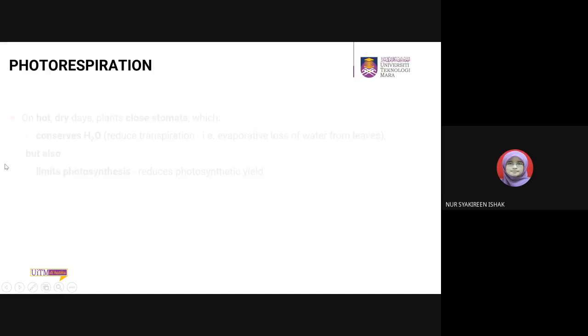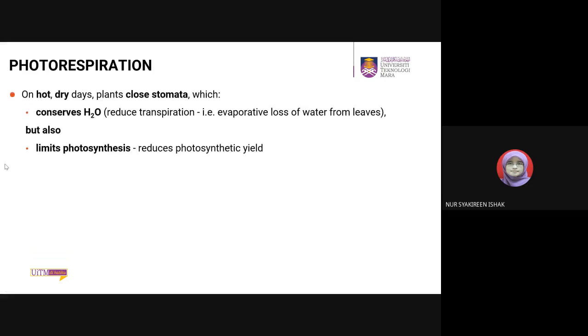So what is photorespiration? So plants that are exposed to hot temperature, to hot areas, okay, it causes these plants to close their stomata. Kalau untuk C4 plant, dia akan close stomata partially. Partial closure of stomata. So what is the purpose of closing the stomata? It is to conserve water.